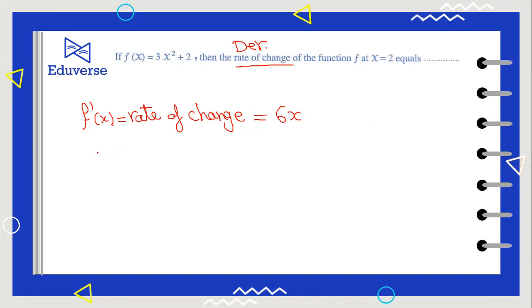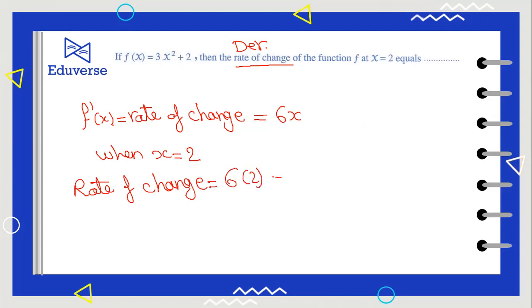When x equals 2, put x equal 2, then rate of change is 6 multiplied by 2. It will be 12. So the rate of change of this function at x equal 2 is equal to 12.